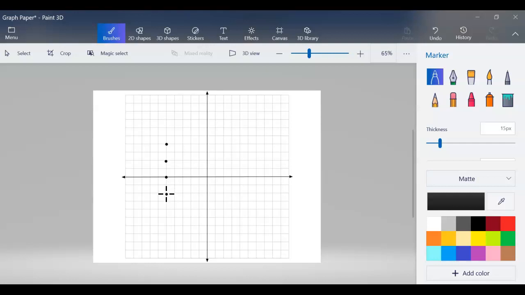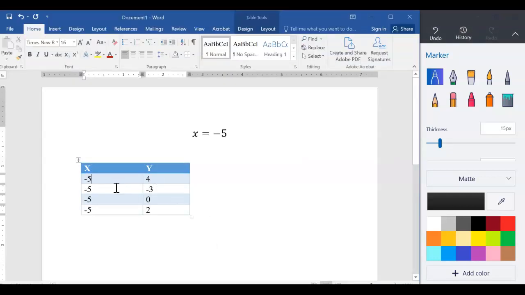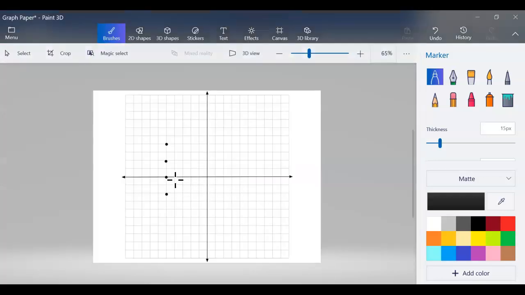Basically, we're getting this vertical line. Again, I forgot what points I just used. I missed this one. All right, so we're getting this vertical line.